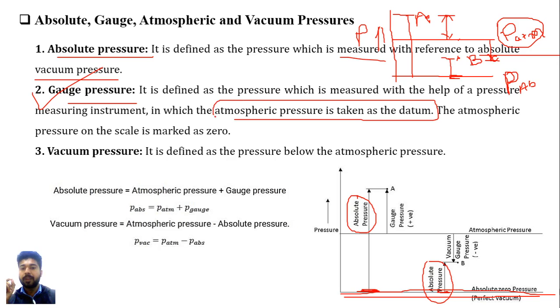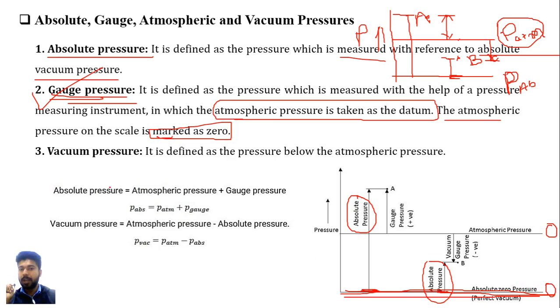So in gauge pressure, atmospheric pressure is taken as a datum or reference pressure. But in absolute pressure, there is a zero vacuum line, or P absolute, taken as the reference pressure. Okay, so the atmospheric pressure on the scale is marked as 0. In gauge pressure, the atmospheric pressure is 0, and in absolute pressure, the absolute pressure line will be your 0 line.